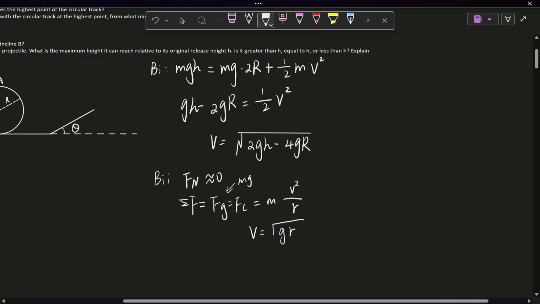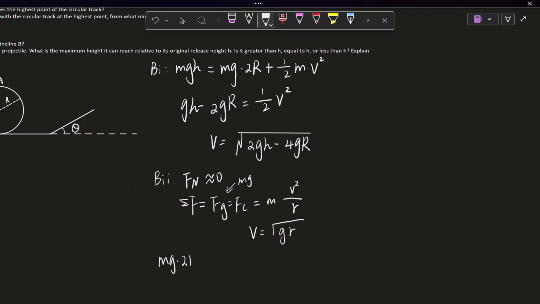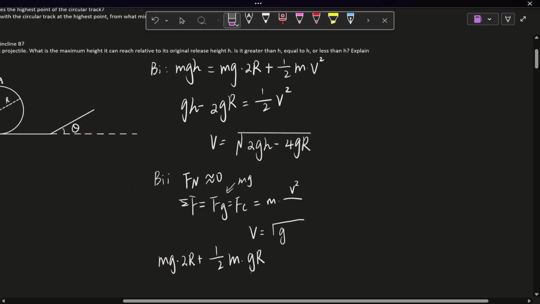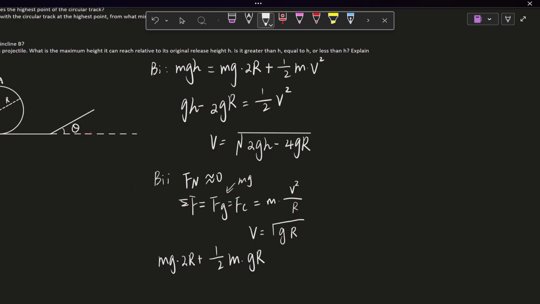So now at the top, it has a mechanical energy of mg times 2r plus 1/2 times m times v squared, which is just g times r. Oh, my bad, this is supposed to be a capitalized R. And this is equal to mg times h1.